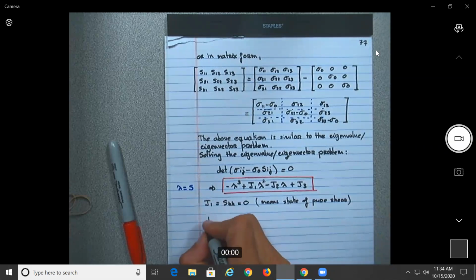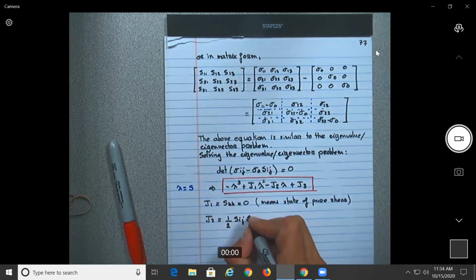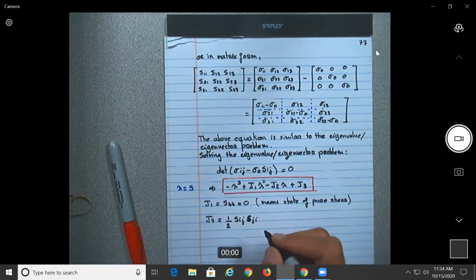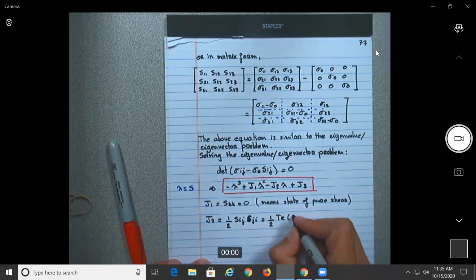The constant J2 would be equal to 1/2 Sij Sji, which in matrix form is the same thing as 1/2 of the trace of S squared.